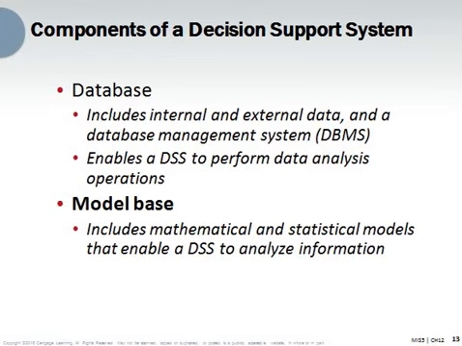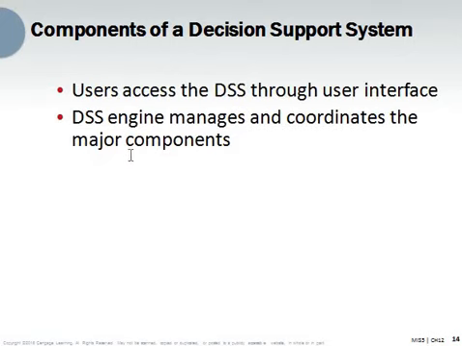Model includes mathematical and statistical models that enable a DSS to analyze information. Right? This is about database and models that are required. Users access the DSS through a user interface.